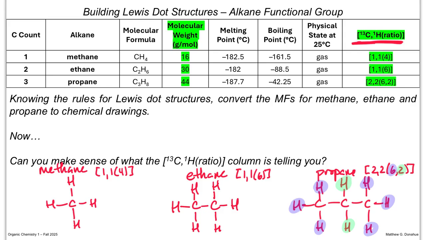Because this class is organic chemistry, you can assume that every molecule is going to have carbon and hydrogen. In Module 2, we'll deal with figuring out if there's any other elements present in the molecular formula.